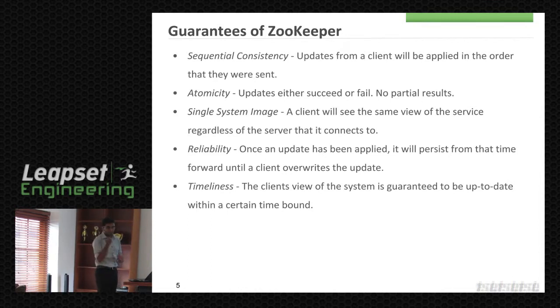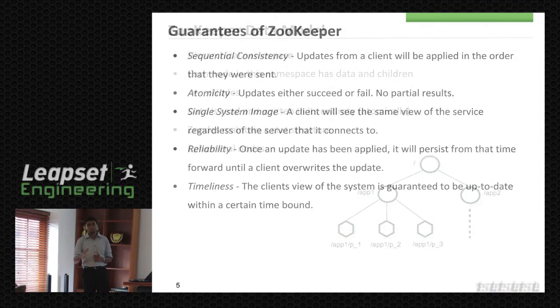If I try to write to a particular node, it will succeed or not; there won't be partial writes. It has a single system image, so a client will see the same view of the service regardless of which server it is connected to. So it's very reliable, and the client within the system is guaranteed to be up to date.